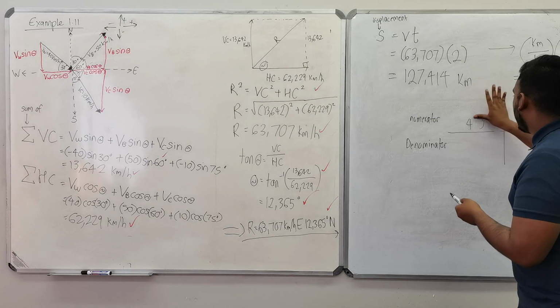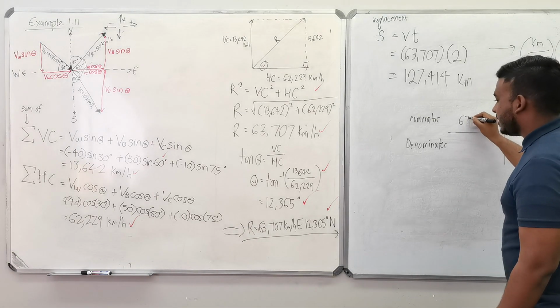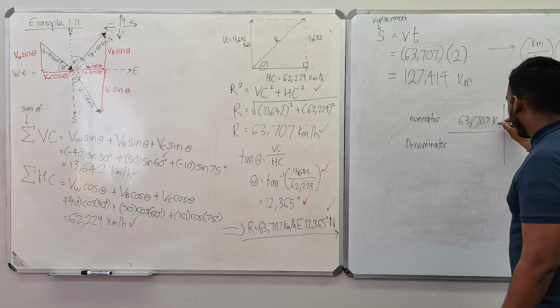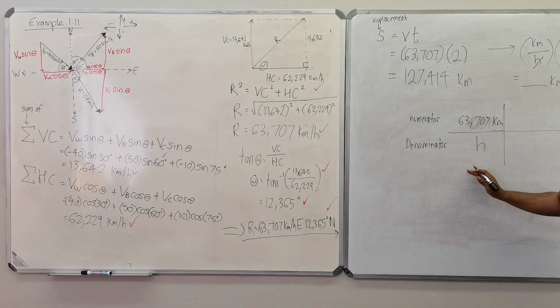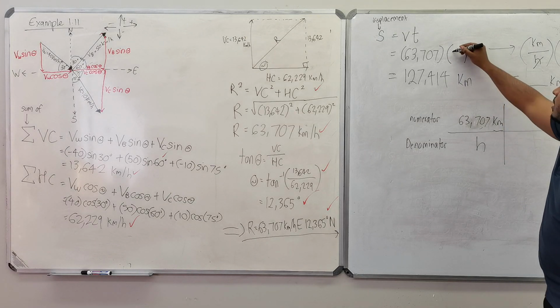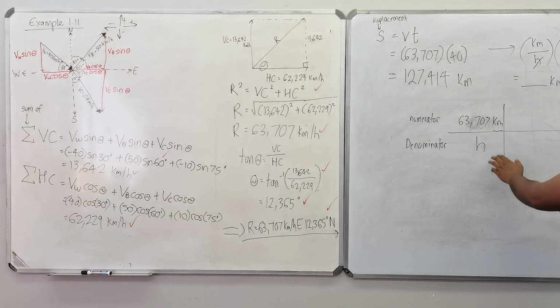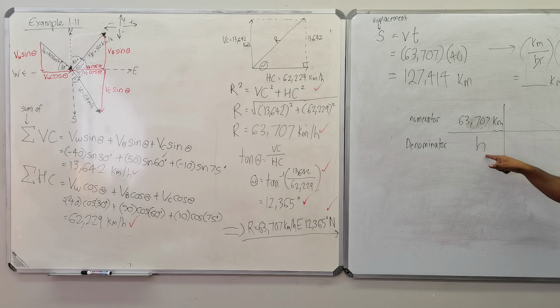If you were given 63.707 kilometers per hour, and the time they told you was 40 minutes, you want to convert this hour into minutes. Remember, for something to cancel with the denominator, it has to be the same unit. So this is 63.707 kilometers for every 1 hour. Every hour is made up of how many minutes? 60 minutes.